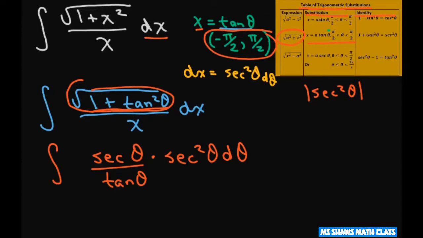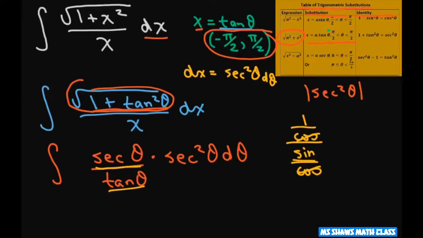Simplifying all this, let's do a little of it here. This is secant and tan, so 1 divided by cosine, divided by sine divided by cosine. These cancel, so you're just going to get 1 over sine, which is cosecant.